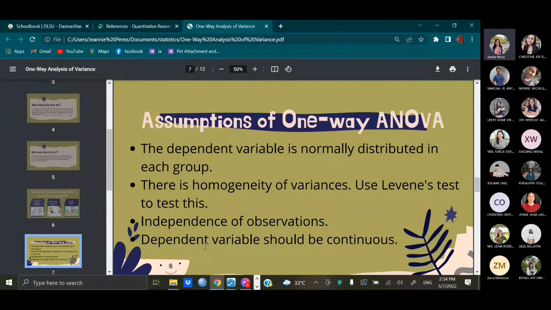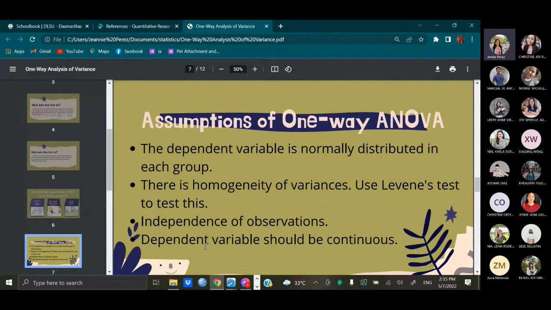That should be determined by your Real Stat, if you compute the descriptive statistics, your Shapiro-Wilk, your D'Agostino-Pearson, the skewness and the kurtosis, so you will be able to determine whether the scores are normally distributed.